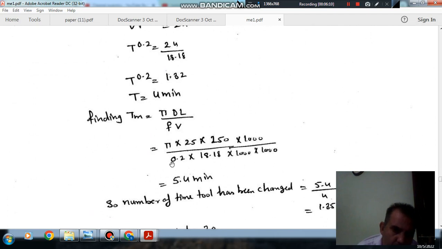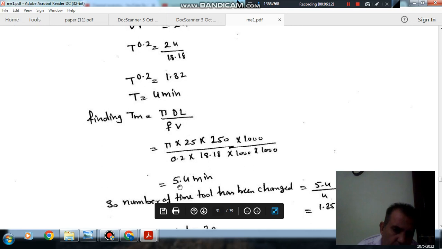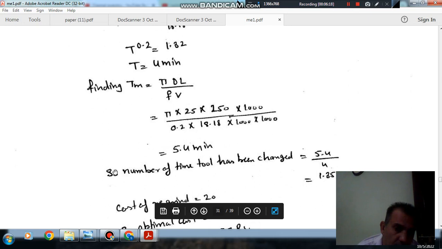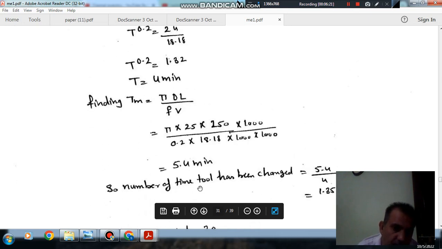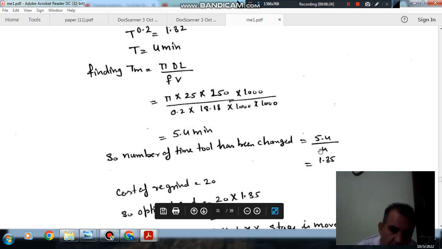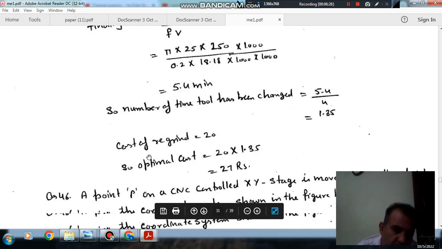So Tm comes out as 5.4 minutes. So this is the machining time and tool life is 4 minutes. So the number of times the tool has to be changed is 5.4 by 4, that is 1.35.